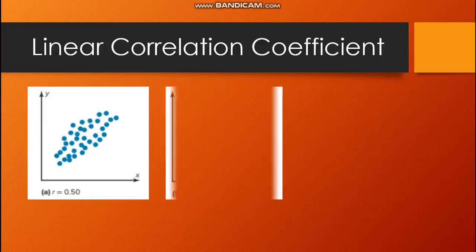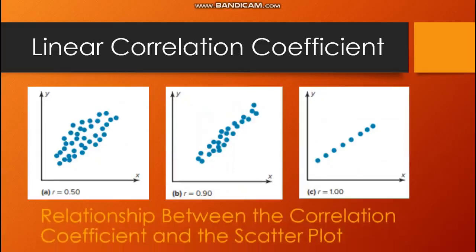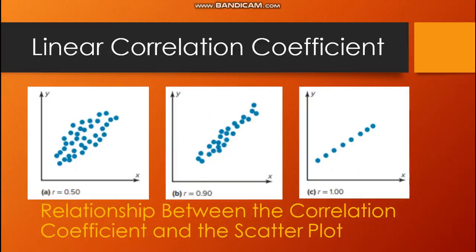and we have here a relationship between the correlation coefficient and the scatter plot. If the value of R equal to 0.50, mapapansin natin, positive yung value ng R natin, yung scatter plot niya, medyo layo-layo pa ng kaunti yung mga points. Okay?